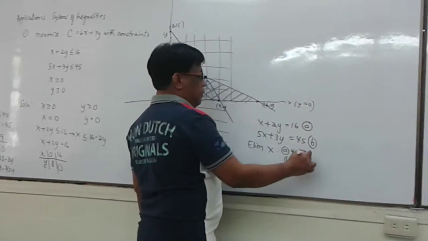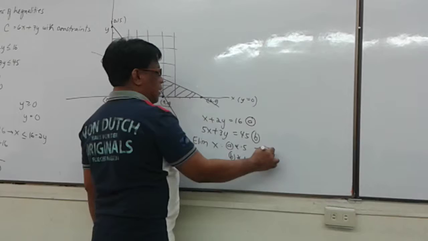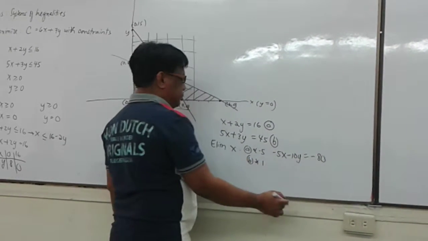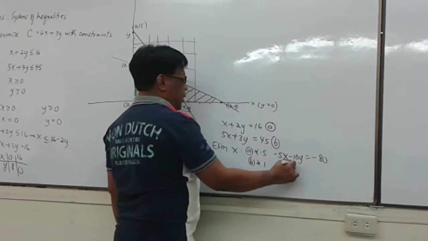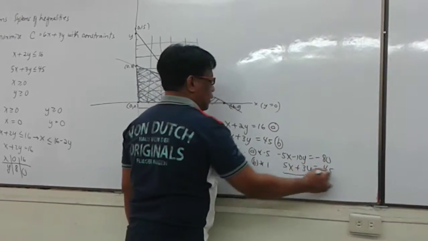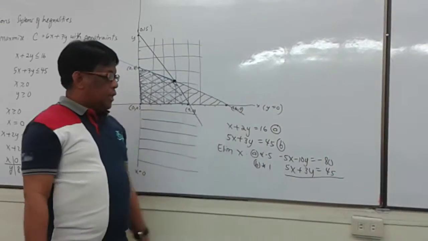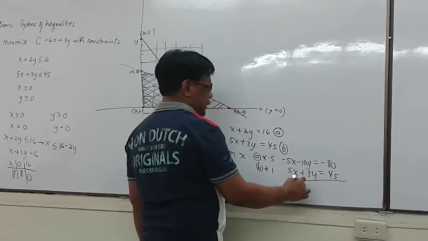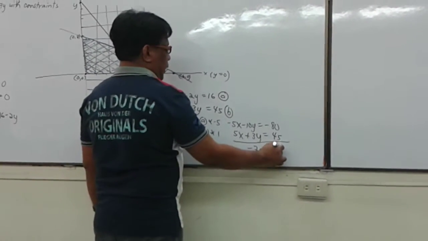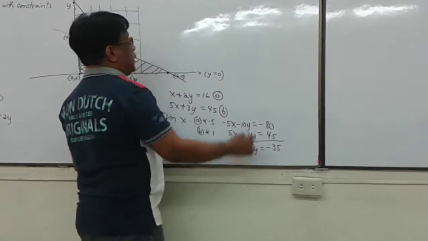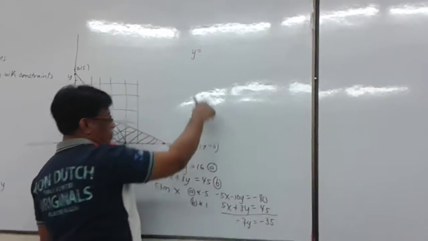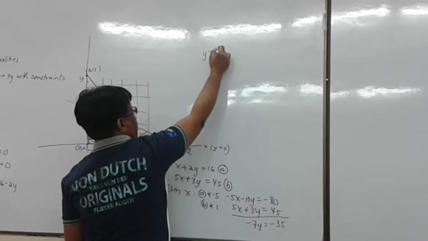So we have negative 5x minus 10y equals negative 80, then 5x plus 3y equals 45. Finding the sum, we have negative 7y equals negative 35. Solving for y, we divide both sides by negative 7, so we have 5.